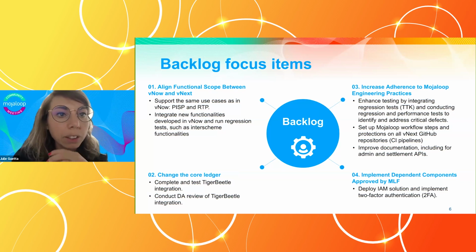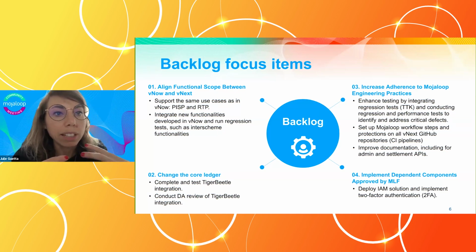For this, we still have a functional gap that needs to be filled in. We need to make sure that we support 2 use cases that are currently implemented in vNow, PISP payment initiation and request to pay as well.